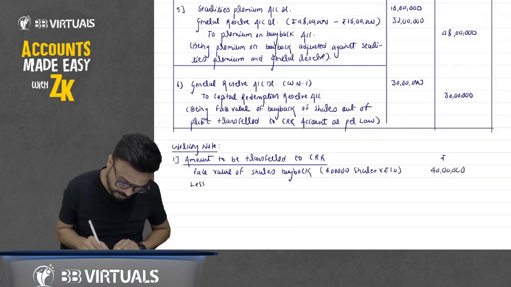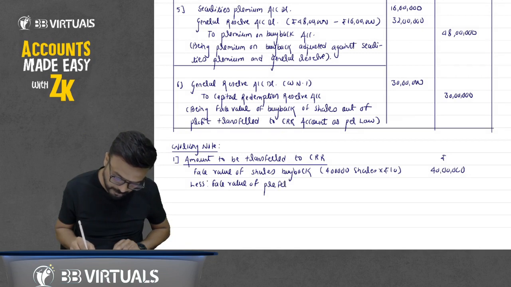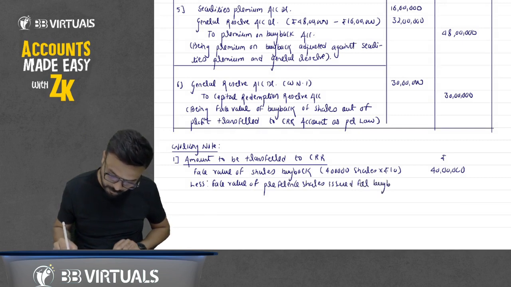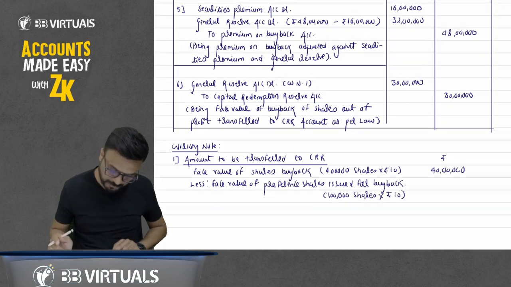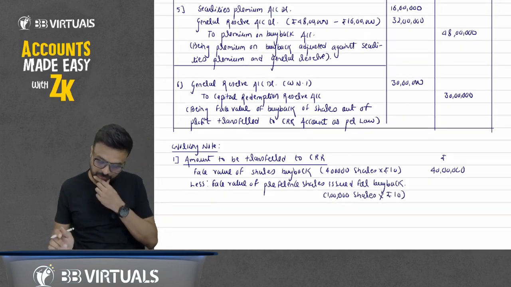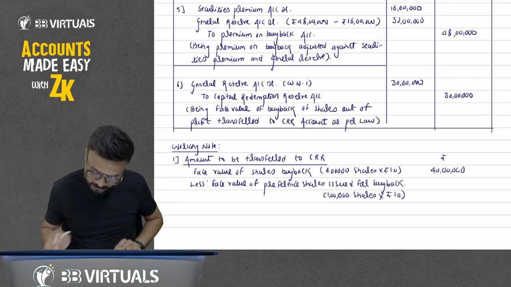Less: face value of preference shares issued for buyback, 1 lakh shares multiplied by rupees 10, because we are issuing 1 lakh shares at rupees 10. Okay, here we have to take face value.